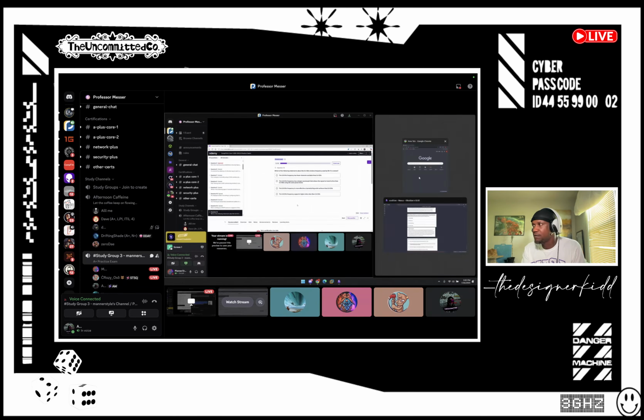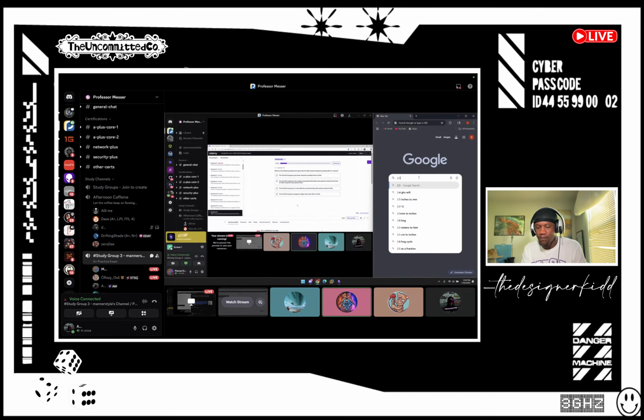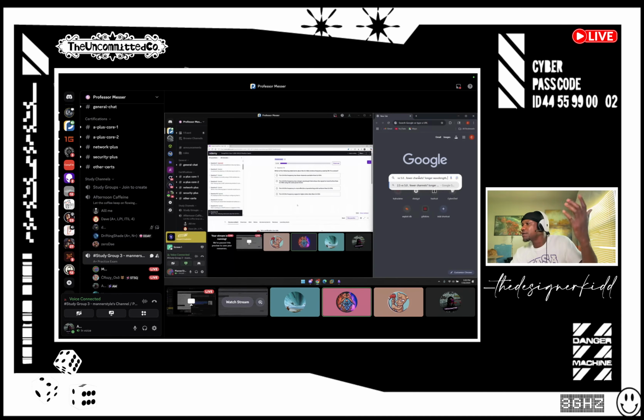Let's see. We got 2.4 versus 5.0. Fewer channels, longer wavelength. Let's see what it says if you put in a bunch of keywords like this: penetrating, solid, and data rates.